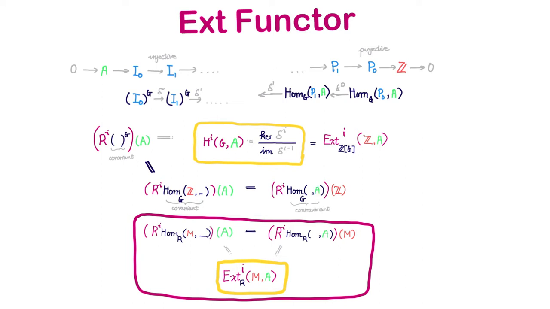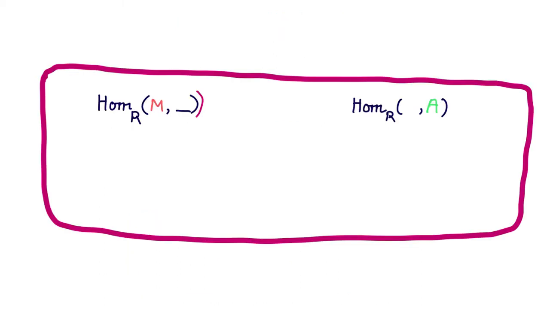The fact that these two definitions are equivalent is an instance of a more general phenomenon. In the category of modules over a fixed ring R, we have two types of Hom functor, two types of representable functors. One is covariant and one is contravariant.